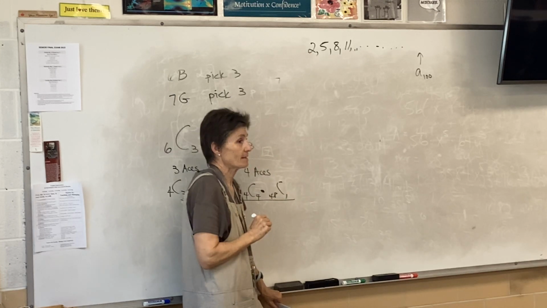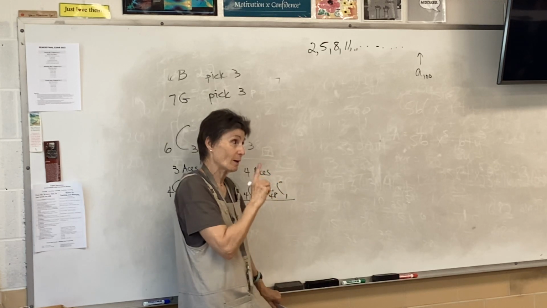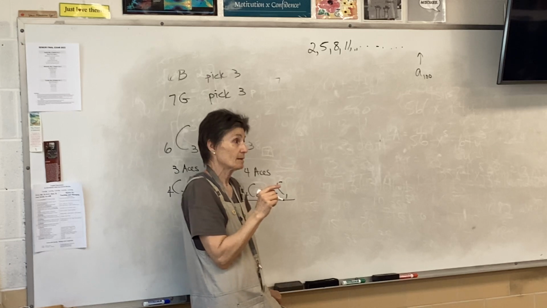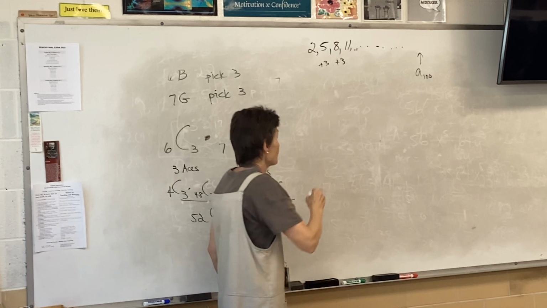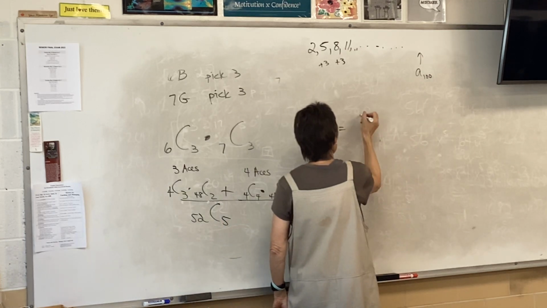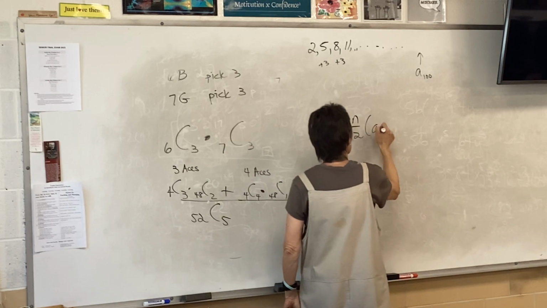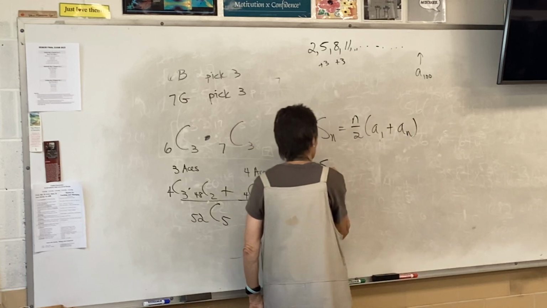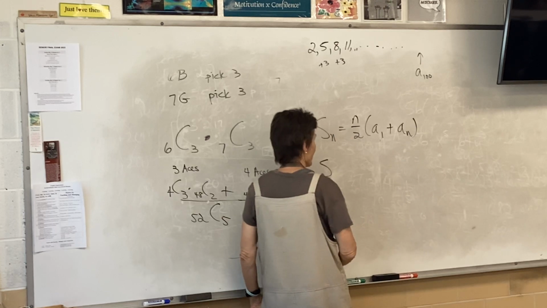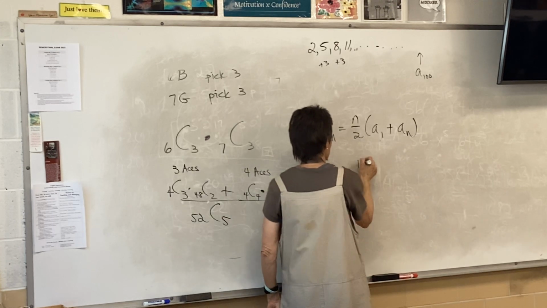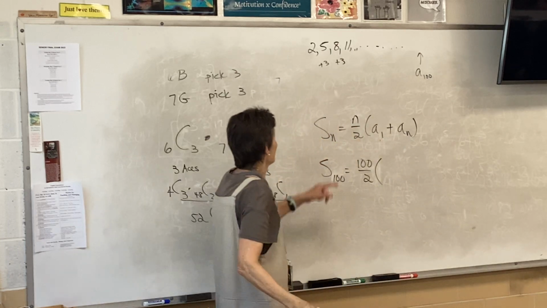All right, what kind of sequence is it? Sum. Well, I want a sum for sure, but I need to know what kind of sequence it is. Arithmetic. Because we are adding 3, right? So your arithmetic sum formula, which is on your reference sheet there, is n over 2, first plus last. How many days am I adding up? N is how many days I'm adding. How many am I adding? 100. So 100 over 2. A sub 1 stands for the first day.